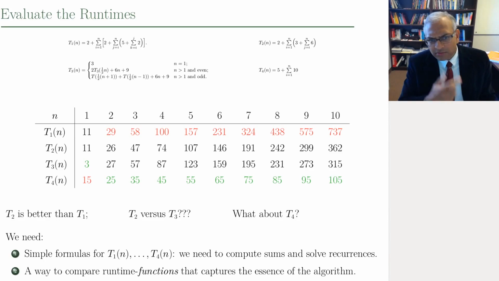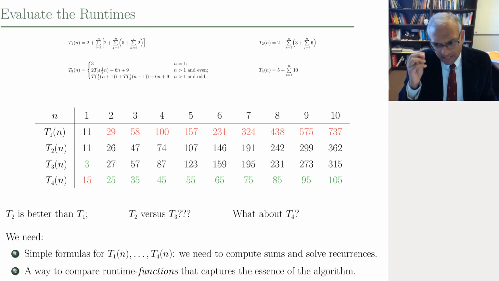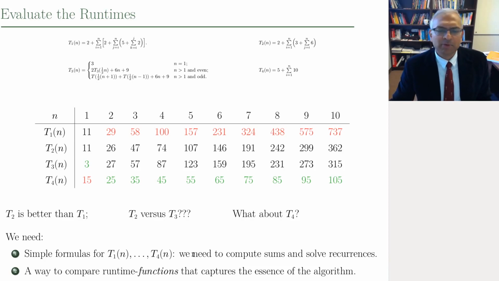We need to compare running time functions like T1, T2, T3, T4 in order to determine which algorithm is the best. And the way we compare these running times should capture the essence of the algorithm, perhaps not a specific input n.